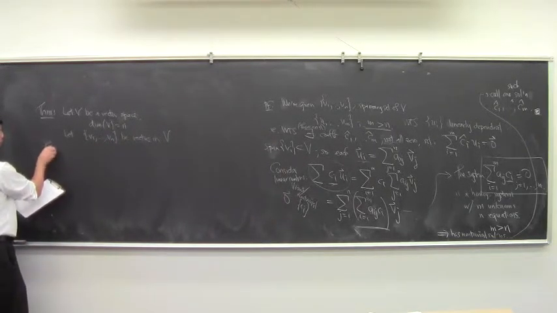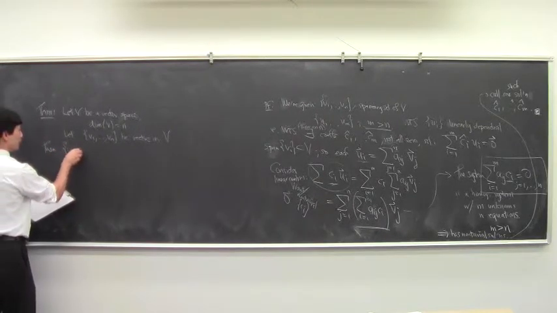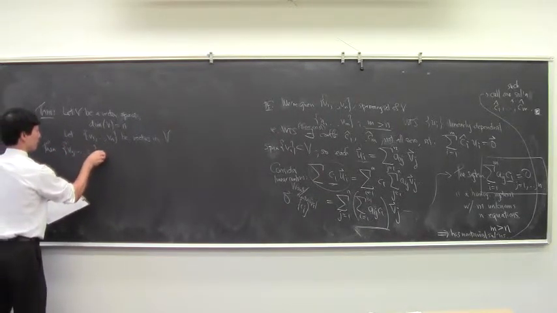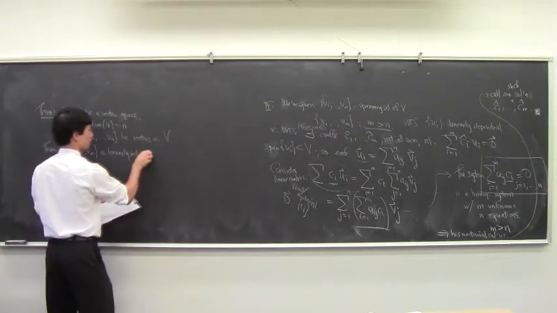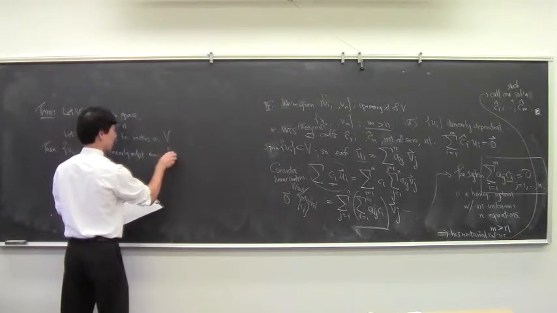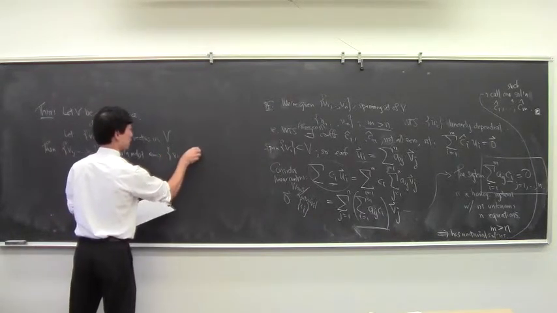Then V1 through Vn is linearly independent if and only if V1 through Vn is spanning.